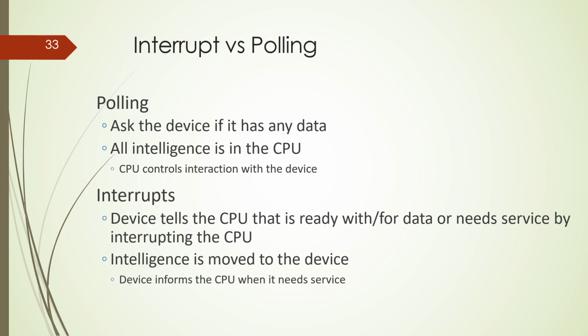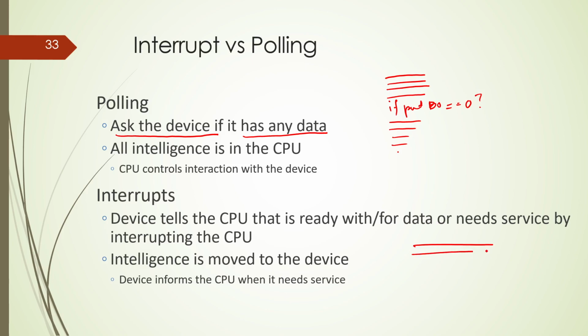So again, let's review interrupt versus polling. Polling asks the device if it has any data. Meaning it will execute line by line and then check if port B0 equals 0. If not, then proceed. But with interrupts, you don't have to check if port B equals 0. It will execute lines as usual.